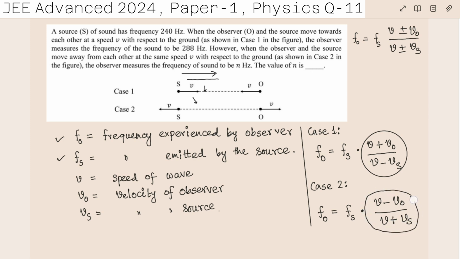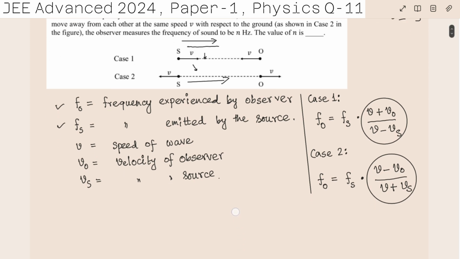This is because in case 2, the source is moving opposite to the observer, so the relative velocity is v plus v_s. On the other hand, the observer is moving in the same direction as the wave propagates from source to observer, so the velocity of the observer is negative v_o. So these are the two cases.